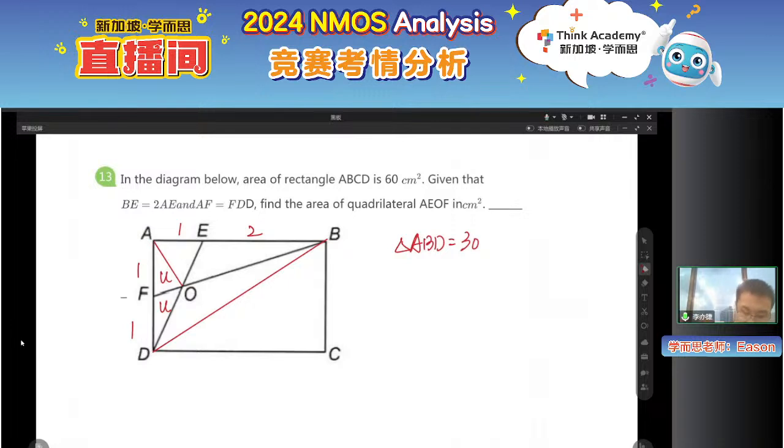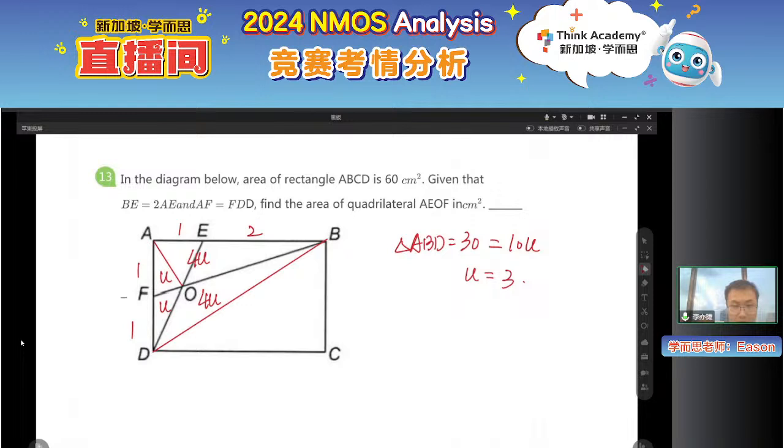So AOD is 2U. And according to the swallowtail model, the BOD is 4U, and then the AOB is 4U as well. So now the total equals 10U. So 10U would equal 30, so 1U would equal 3.